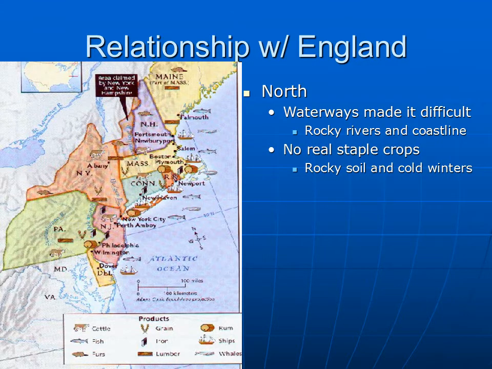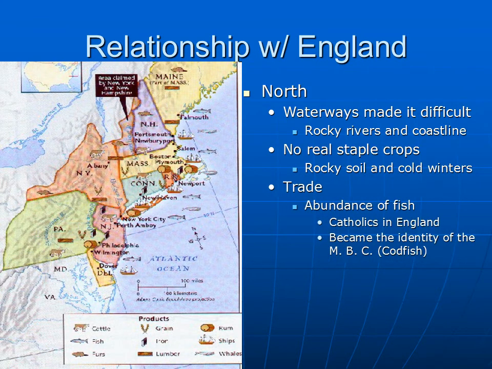There's no real staple crop, and because of that, their main trade commodity is fish, which does not sound like a very lavish or great commodity to have, but there's such an abundance that New England fisheries are supplying England with a great deal because the English fisheries have almost run dry.